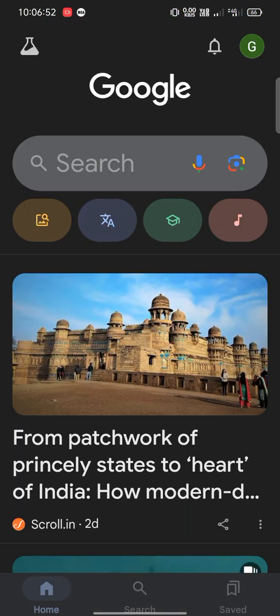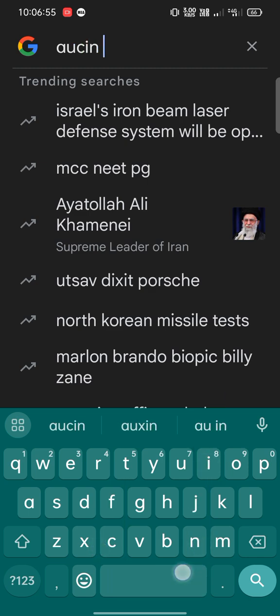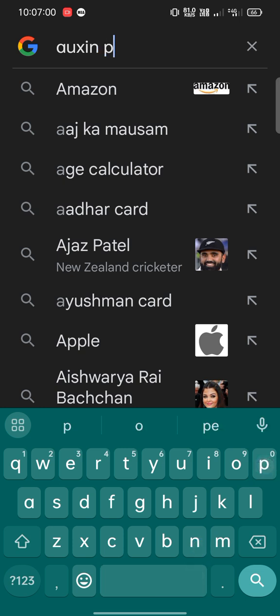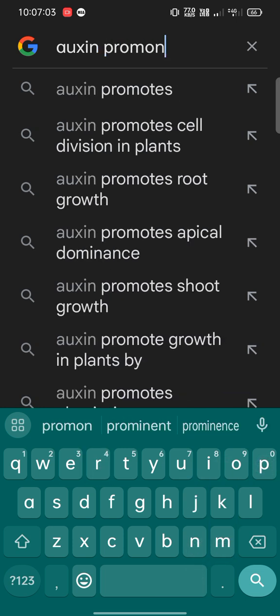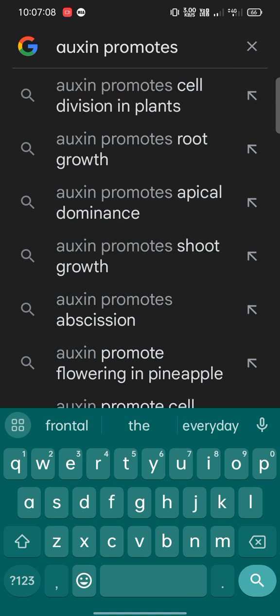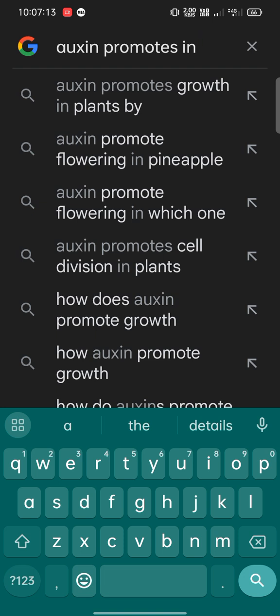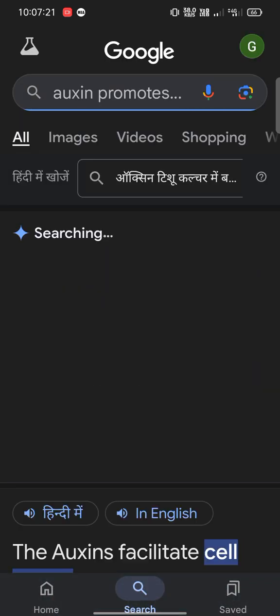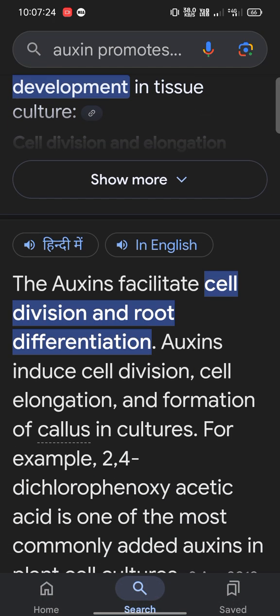Auxin promotes what? See, the auxin facilitates cell division and root differentiation.